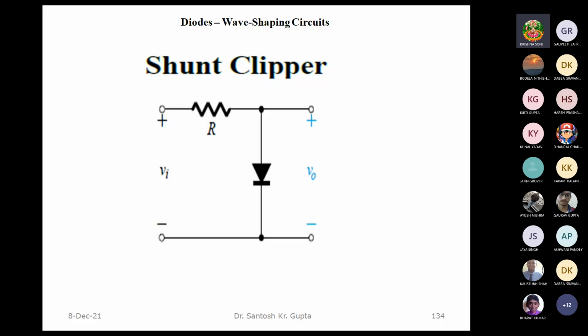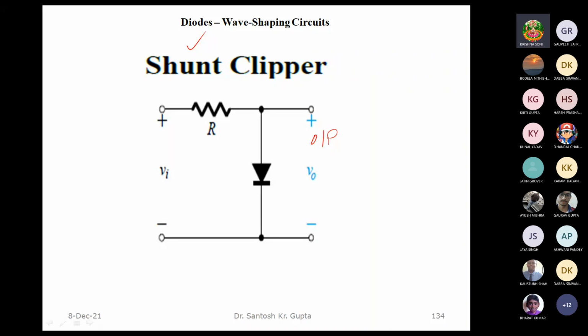So the output node is here. One is connecting the diode in parallel with the output here. This is called a shunt connection or parallel connection. The analysis of the diode is the same: we first have to find out whether the diode is on or off.